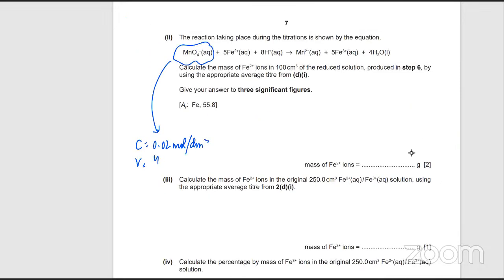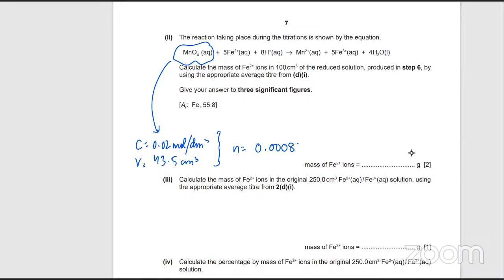So find the moles of KMnO4: concentration times volume divided by 1000. How many moles are you getting? 0.00087. One more zero?